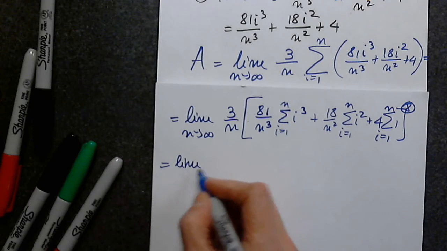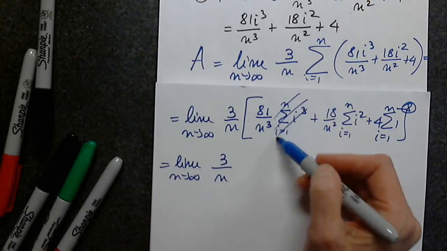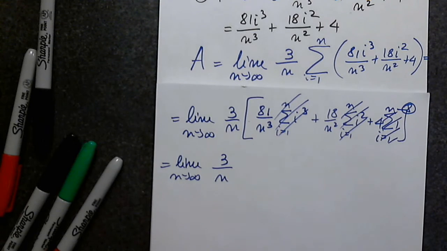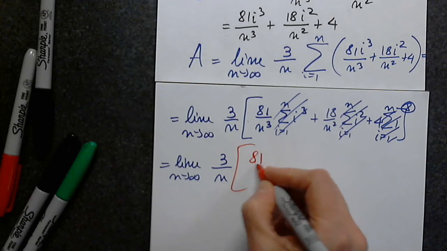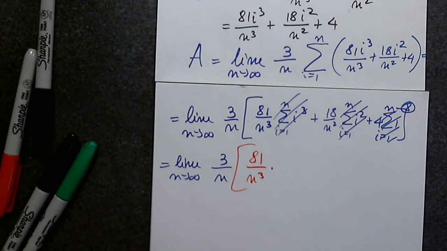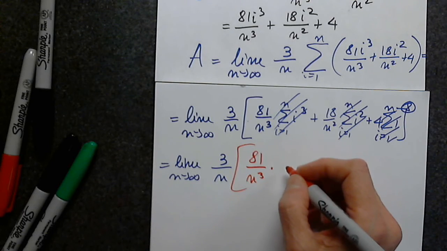So this is limit n approaches infinity 3 over n. Now this is the time in which, do not cross it out, I'm just making a point, I replace those. So 81 over n cubed times n times n plus 1 over 2, everything squared. Very good.